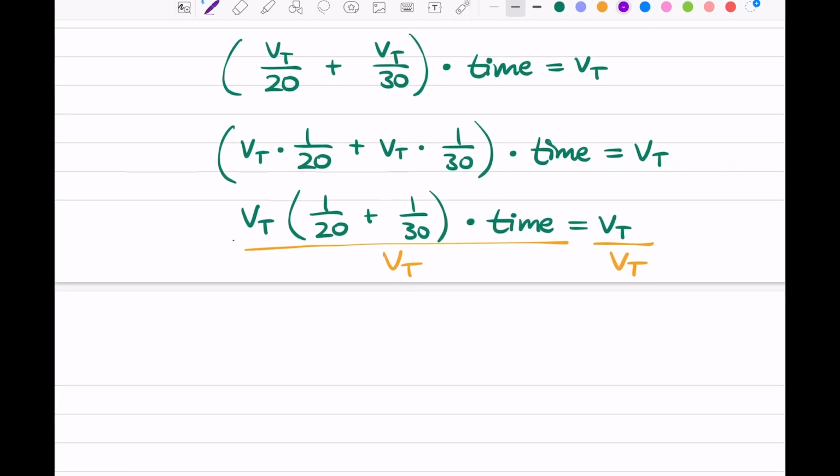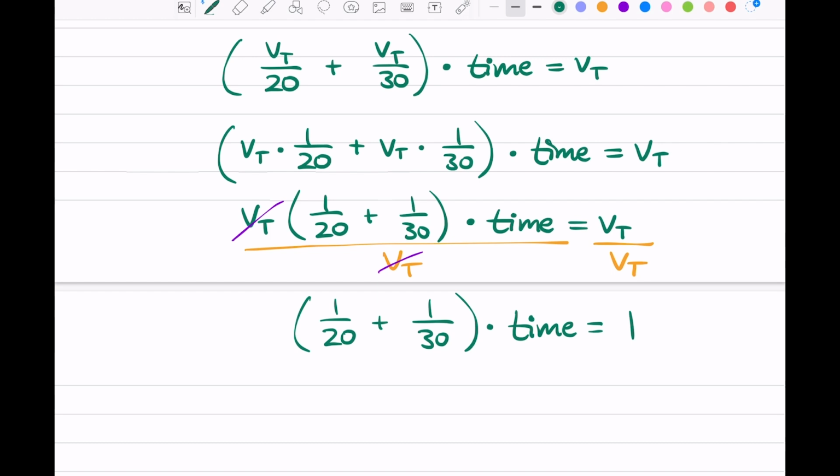On the left side, our V sub t's cancel, and we get 1 over 20 plus 1 over 30 times our time. And on the right side, V sub t divided by V sub t is just 1. Anything divided by itself is just 1. So doing this step removed our V sub t.